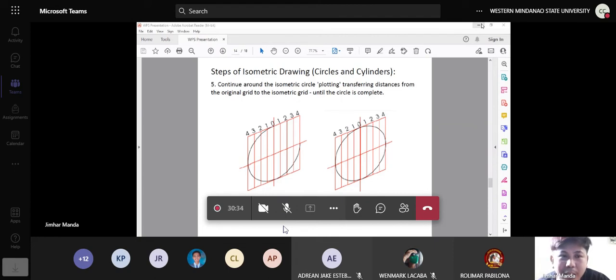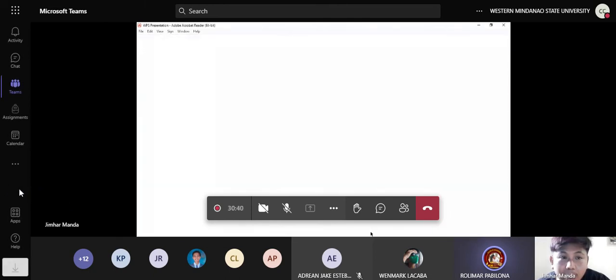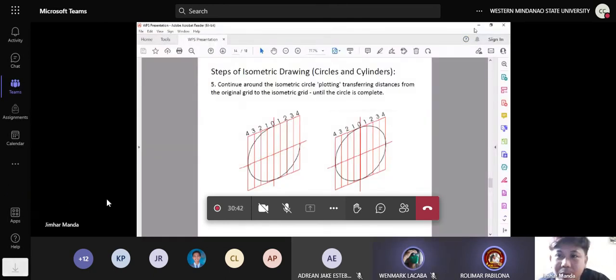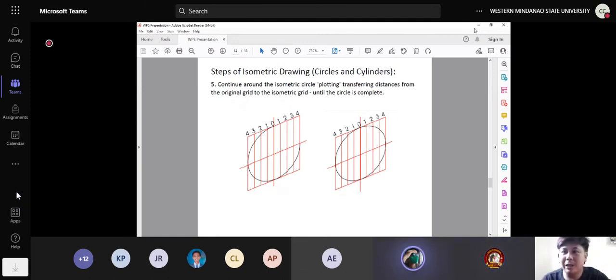Ano yung visible sa inyo? Yung PDF pa rin, drawing. Okay, yung PDF pa rin, no? Yes, sir. Okay, so share ko muna sa inyo yung picture. Sir, 11:59 din po yung due date nito, sir. Yeah. Okay, thank you po, sir. Okay.